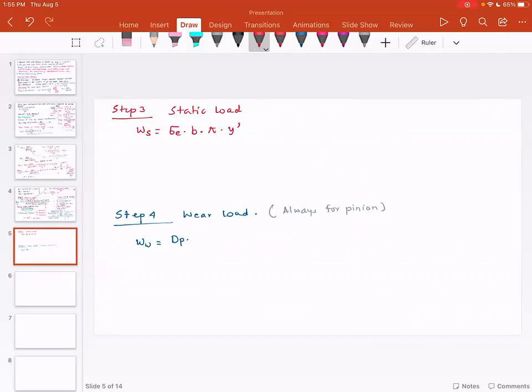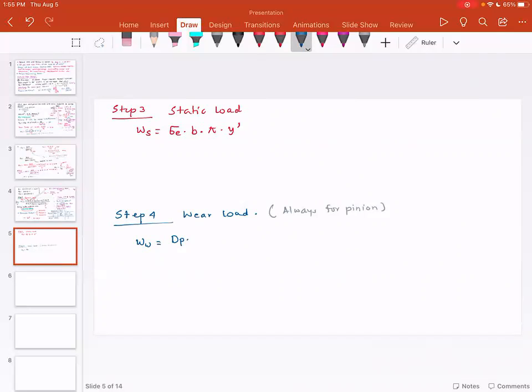And the reason the wear load is always found for the pinion is that the surface stresses on the pinion are significantly higher than the surface stresses on the gear. So you want to be super careful.